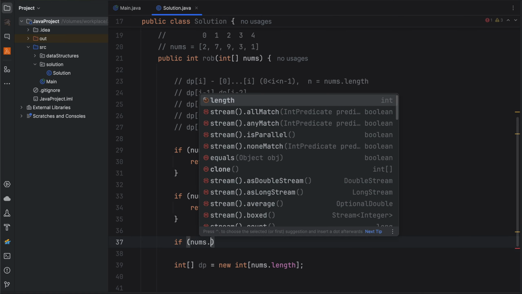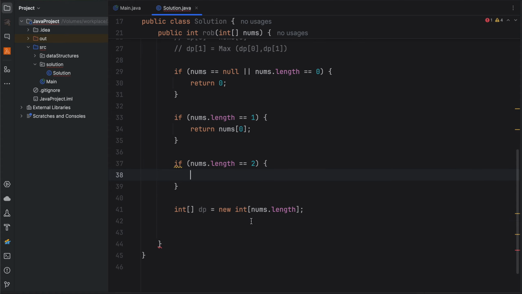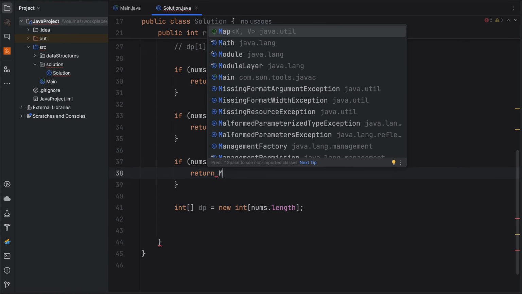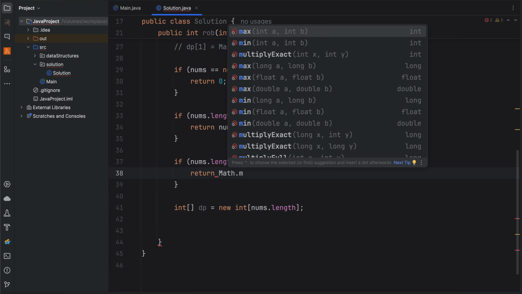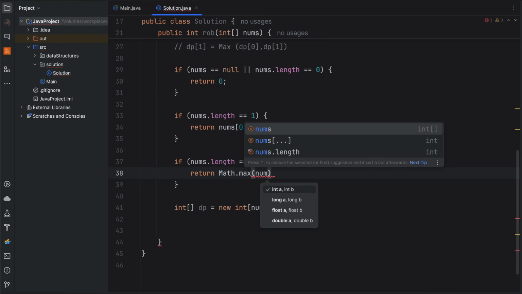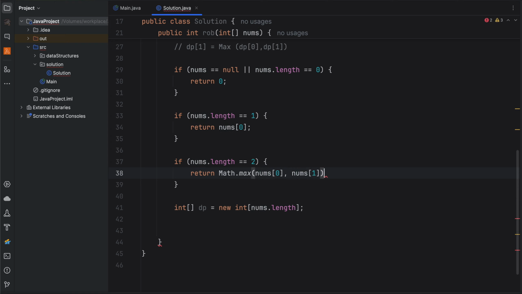If nums.length is 2, then we need to return the maximum of the two amounts. In Java we can write something like this: Math, there is this helper class Math that has a max method that will return the maximum of the two provided values. So it will be nums of 0 and nums of 1.